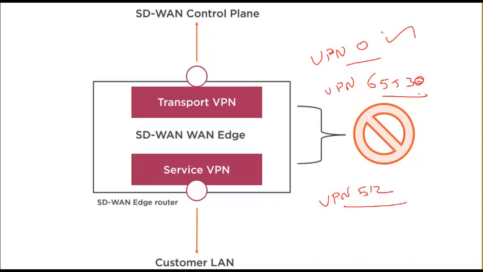These two numbers, 0 and 512, you cannot use. They're already created and will be there by default. VPN 0, as I said, is for the transport. OMP will be using this. We'll talk about that in detail in a few minutes. The 512 is for the management.